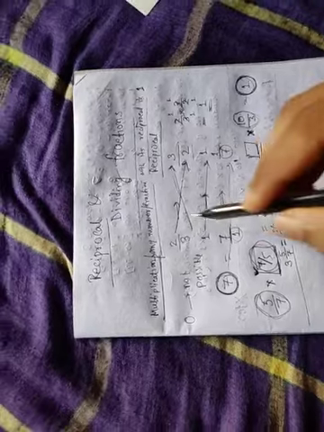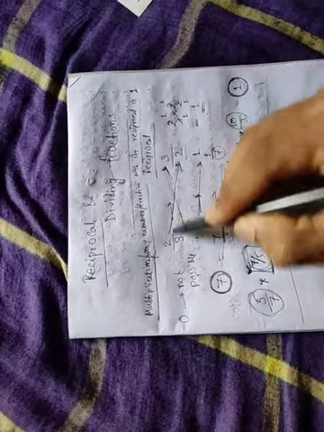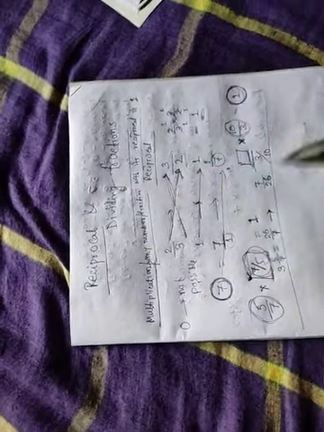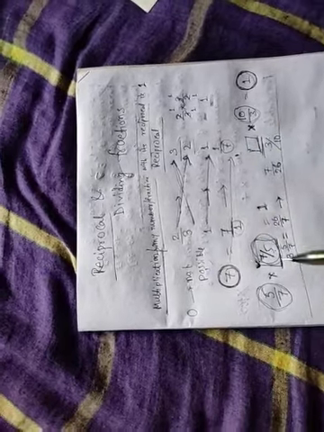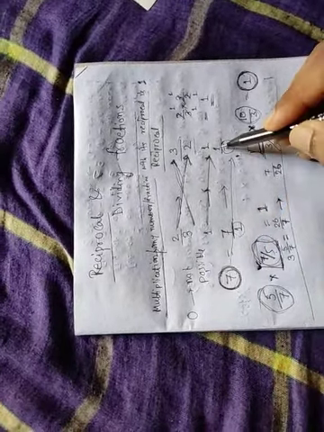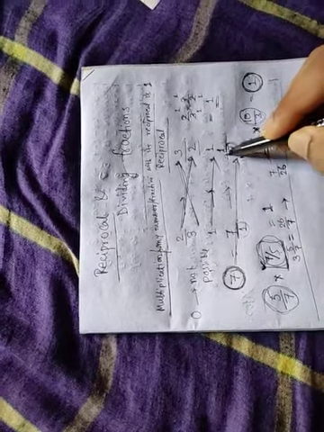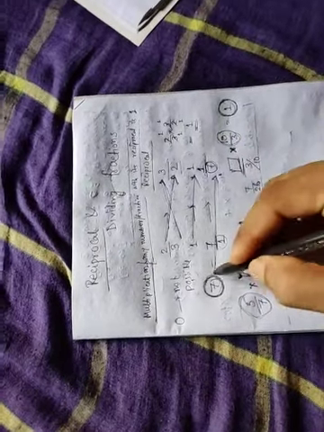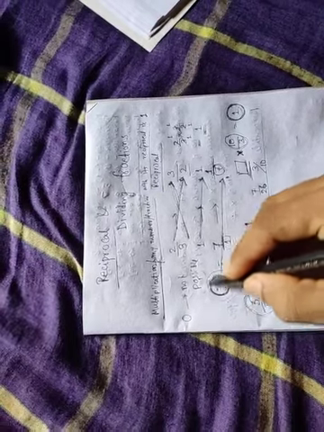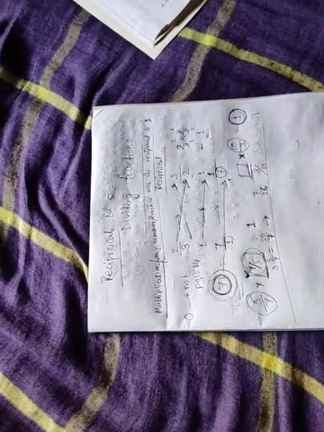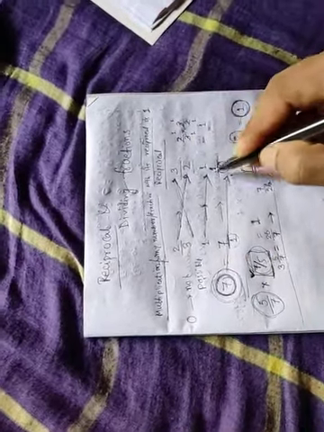For reciprocal, the denominator will be the numerator and the numerator will be the denominator. The reciprocal of 1 is 1, and the reciprocal of any integer number is 1 upon that integer number, always with numerator 1 and the denominator being that number.